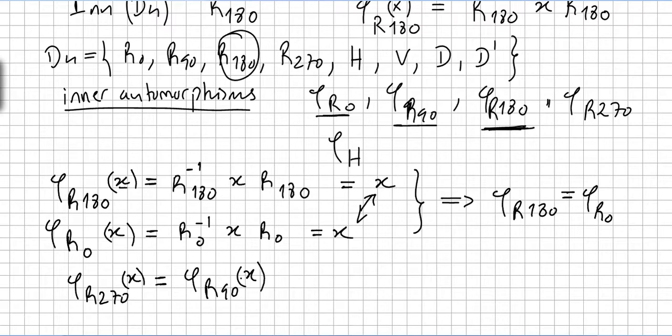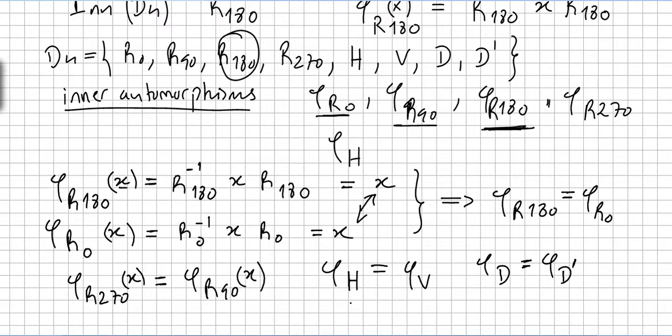This is easy to check. And you will have some others, like the phi induced by the rotation through the horizontal line will be equal to phi induced by the rotation through the vertical line, and phi induced by the main diagonal will be equal to phi induced by the second diagonal.